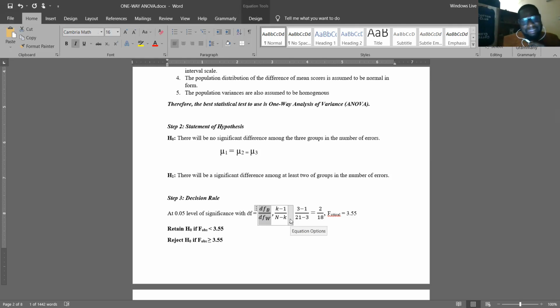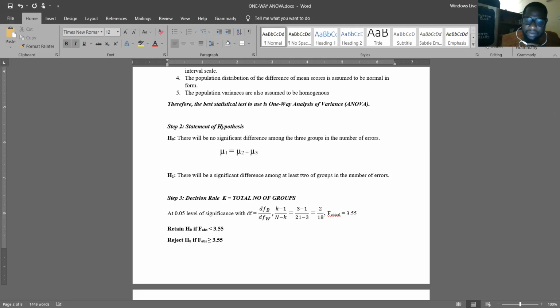One might ask, what is K? K represents the total number of groups. We were able to deduce that within the question, they were comparing 3 groups, so K will be 3.